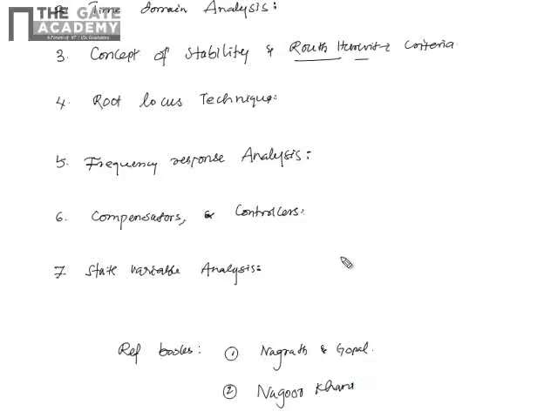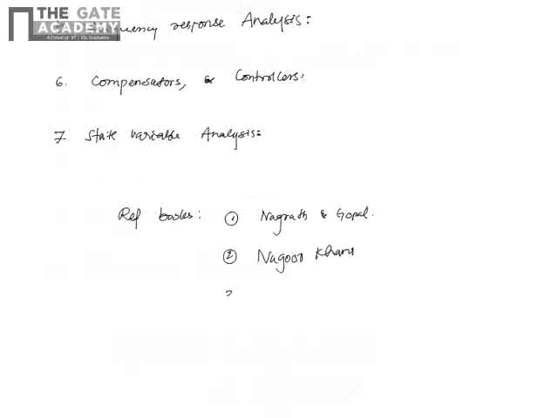We'll get a lot of experience if you go through the example problems he has worked out, various different types of problems. Then we have Benjamin C. Kuo, B.C. Kuo, also a good book. Then Ogata also a useful book. We can refer to it, some of the topics will be covered in this.